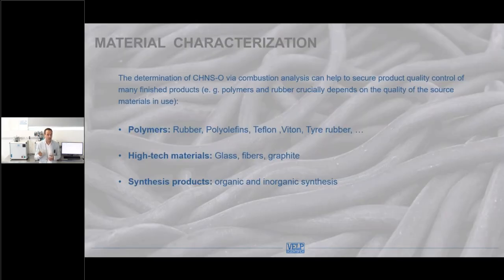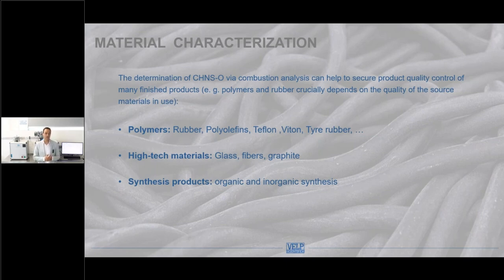Elemental analyzers are very important also for material characterization. Determination of CHNS and also oxygen is very important for product quality control of many finished products, such as polymers like rubber, polyolefins, Teflon, and Viton.